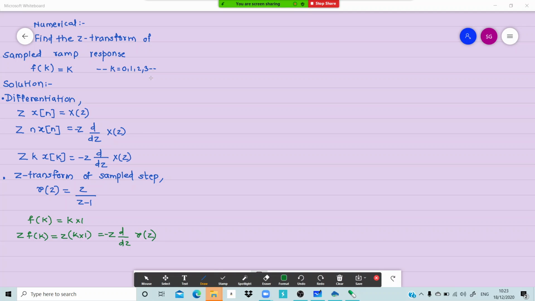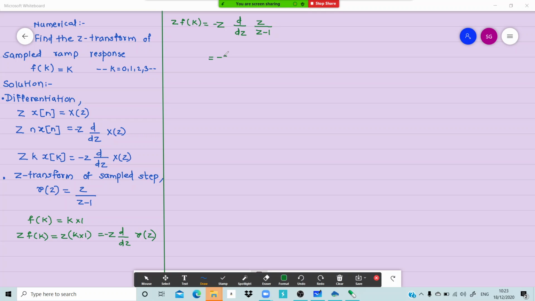Now, yes, see. So that means the Z transform of f of k is equal to minus z d/dz of this Gamma function, which is z upon z minus 1, and you want the derivative of that.